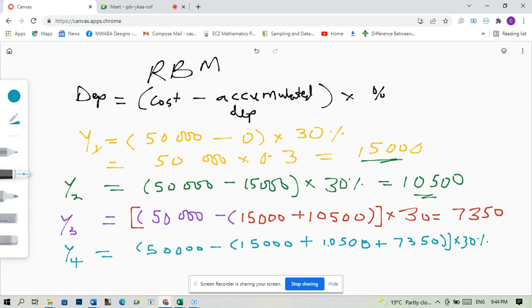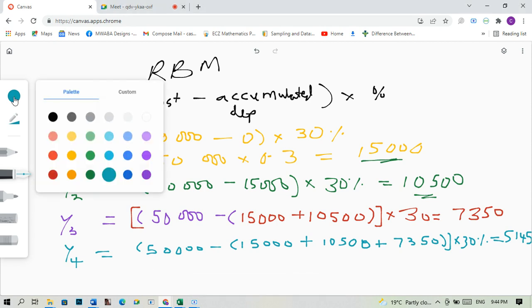We're going to get 17,150. That's 17,150 when multiplied by 30%, which is 0.3, and you're going to get 5,145. So this is the depreciation for year 4, 5,145.